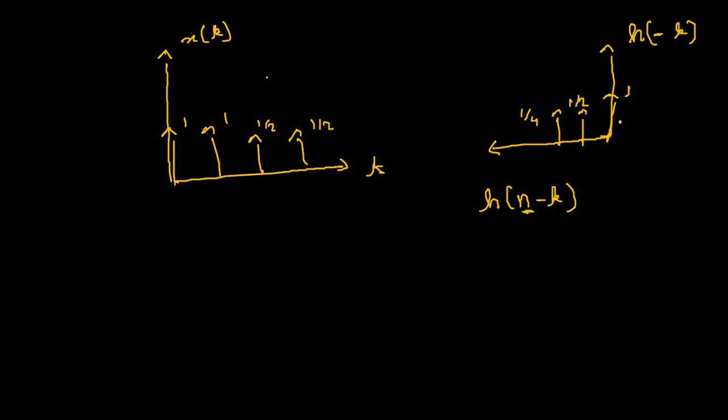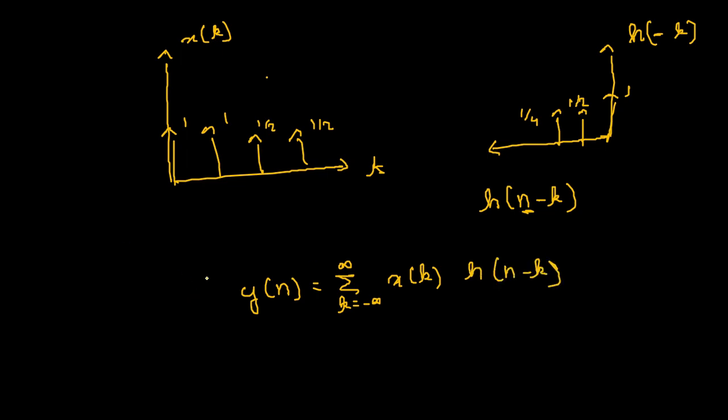And then we shift it by 2 units and add both the signals, and we go on doing that, right? So we know that our formula is y of n is equal to summation over k from minus infinity to infinity of x of k into h of n minus k, right?